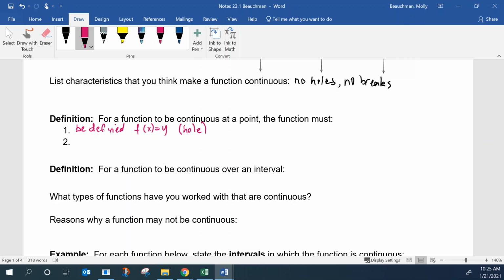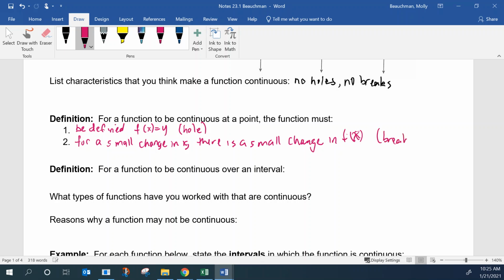And then the break: for a small change in x, there is a small change in f of x.